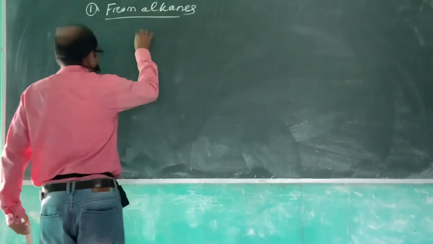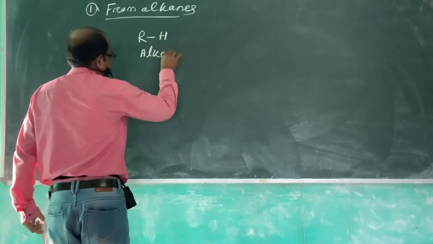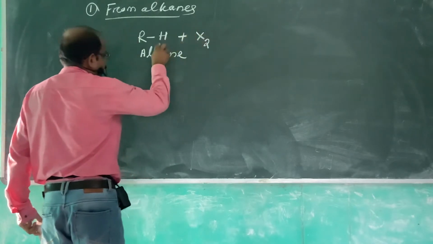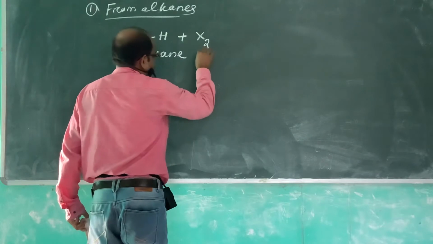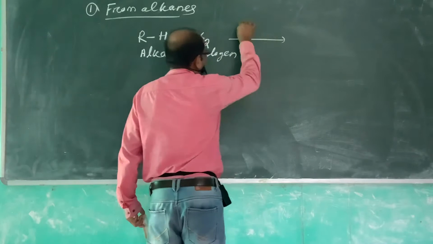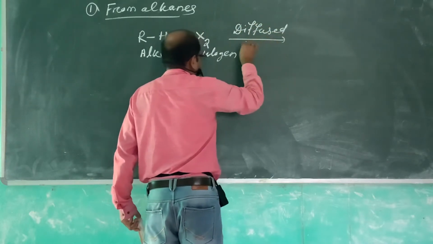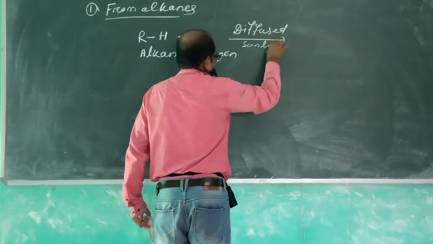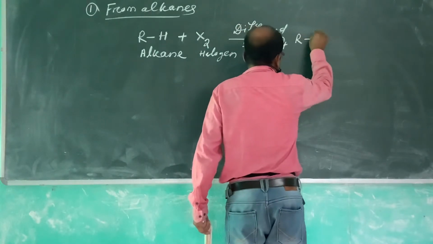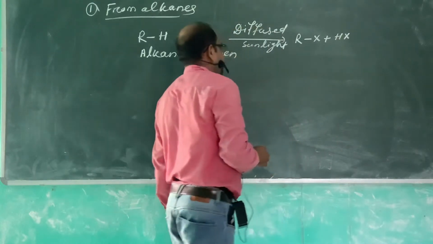RH, formula for alkane, plus X2, means alkane reacts with the halogen in presence of diffused sunlight to produce alkyl halide plus HX.